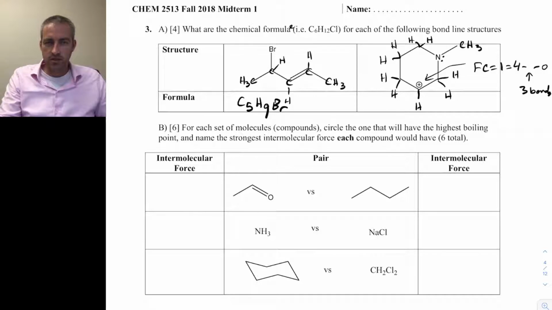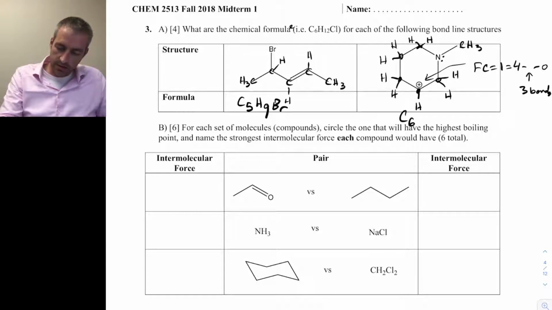This is not a CH2, it's just a CH. Okay, so what does that mean? Well, we have 6 carbons, right? 1, 2, 3, 4, 5, 6. And we have hydrogens 1, 2, 3, 4, 5, 6, 7, 8, 9, 10, 11, 12. N. Get that right? 3, 4, 5, 6, 7, 8, 9, 10, 11, 12.